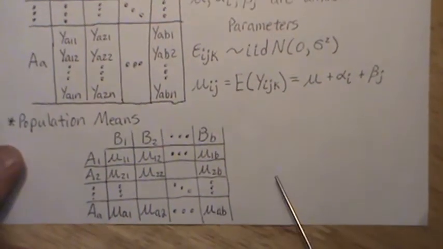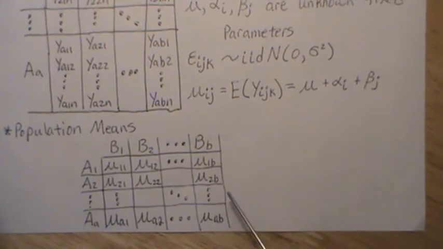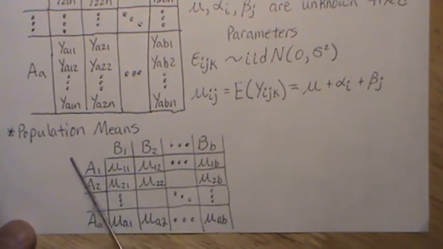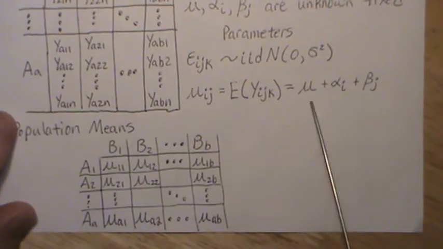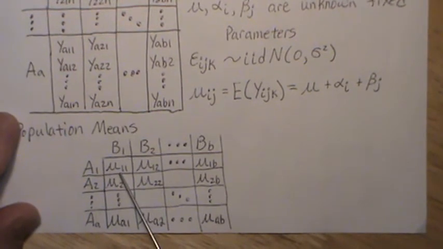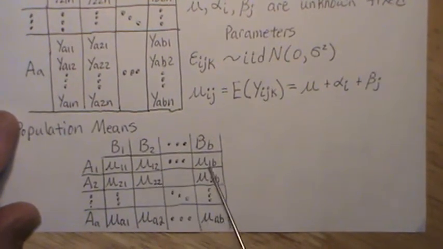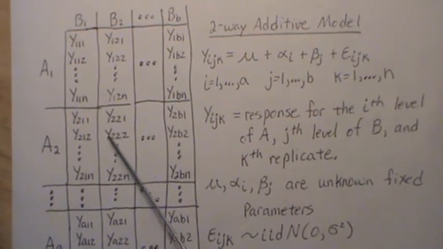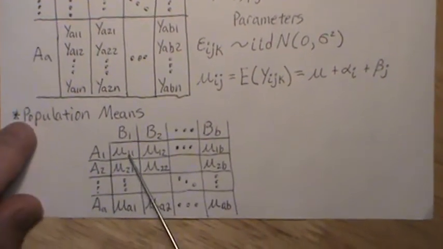Now, one of the features of an additive model is what this next topic deals with. It really starts here but continues to page 2. If we were to plot or table these population means, so the mean of 1,1, that's factor levels A1 and B1, and this is mu_12, etc. Basically we're tabling the population means for each cell, or each factor level combination.